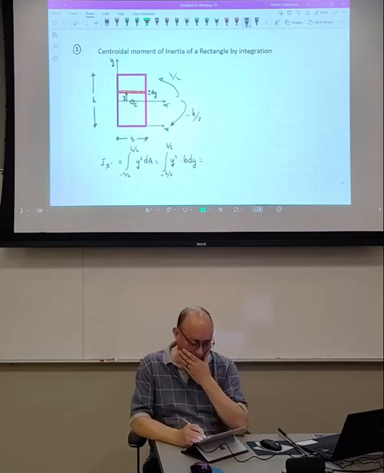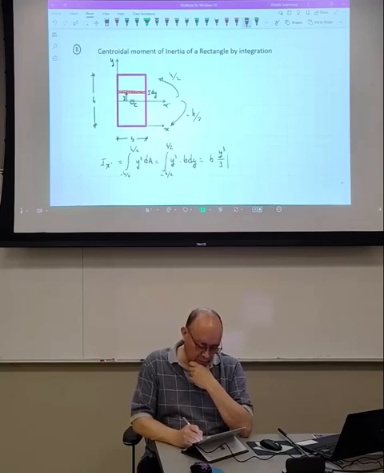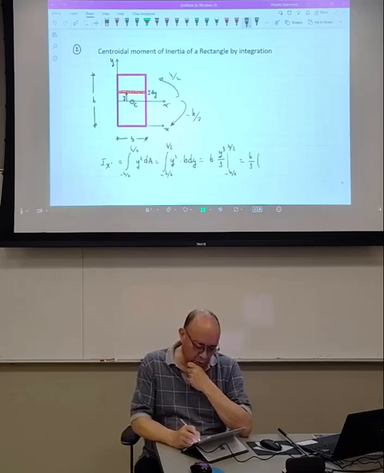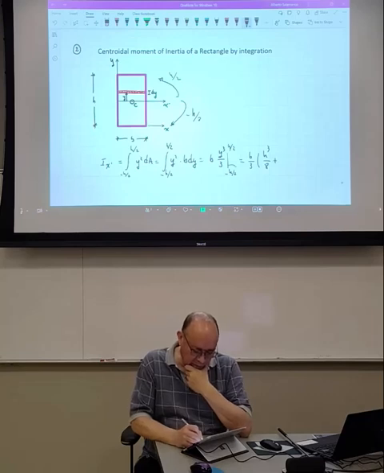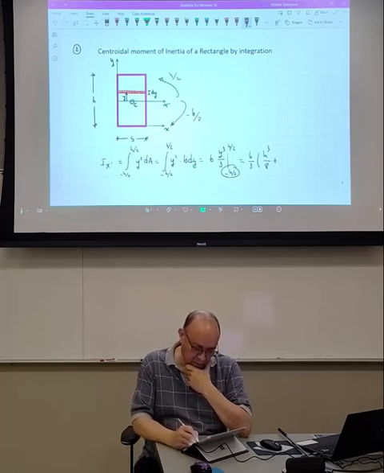So it will be b y cubed over 3 from minus h over 2 to h over 2, which equals b over 3 times h cubed over 8, right? Plus this cube will be minus h cubed over 8, but with the minus of the integral it will be plus h cubed over 8.